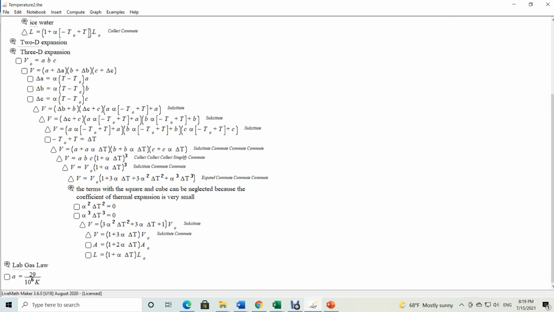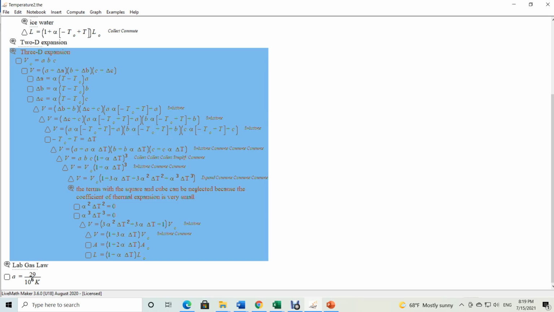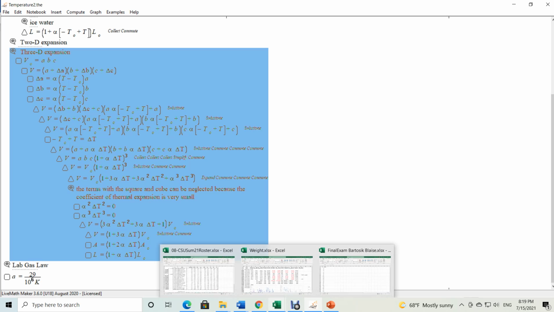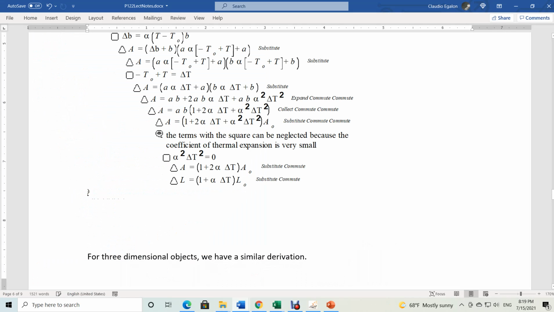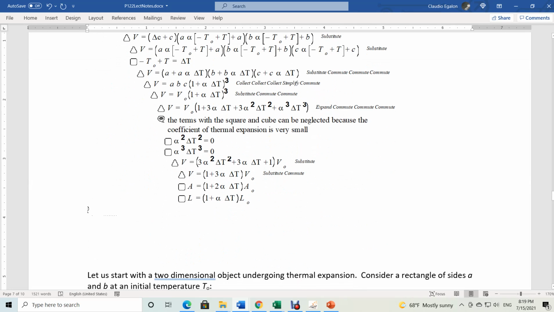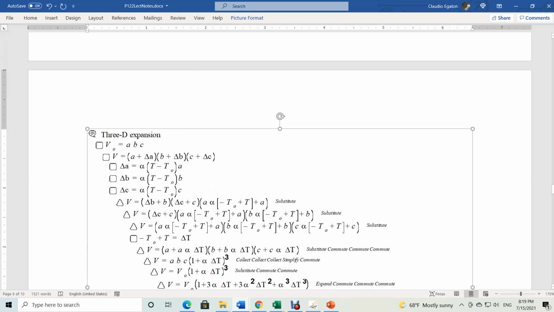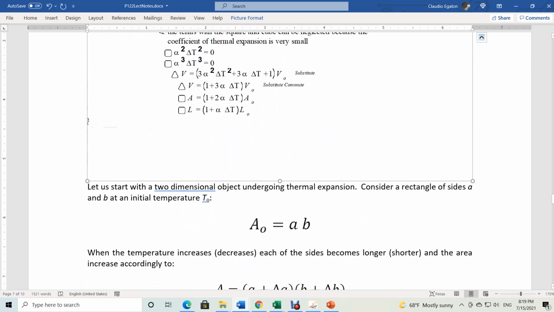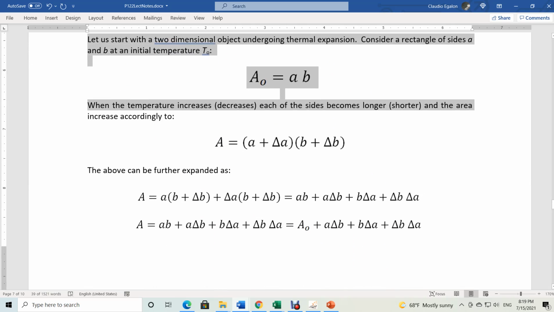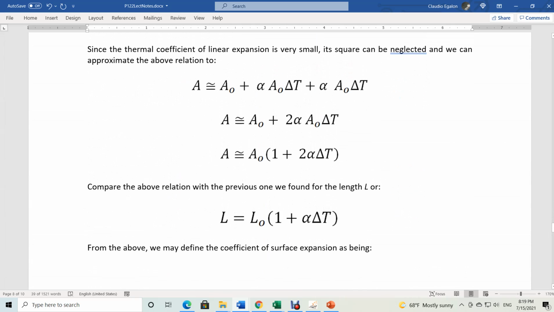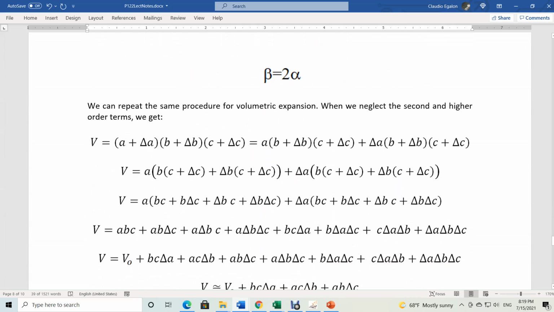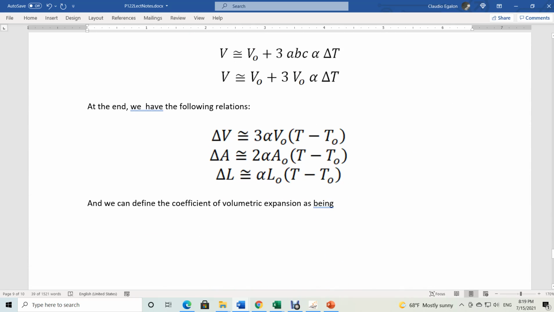Exactly the same procedure with a slightly different result. Okay, so here we go. I'm going to erase that.